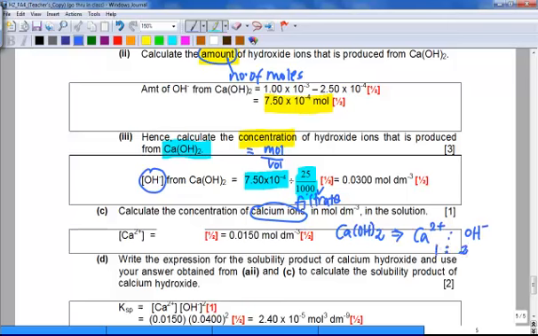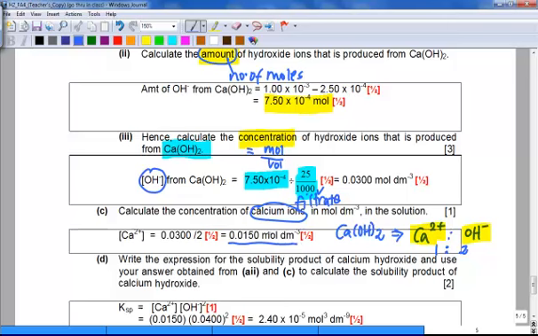So since now we already know the concentration of OH minus, we can find the concentration of Ca2 plus easily. Just divide by 2 because the mole ratio over here is 1:2. Divide by 2, I should get 0.015 moles per dm cube.